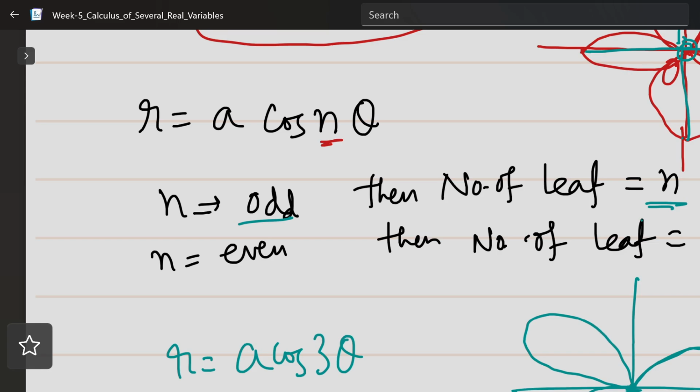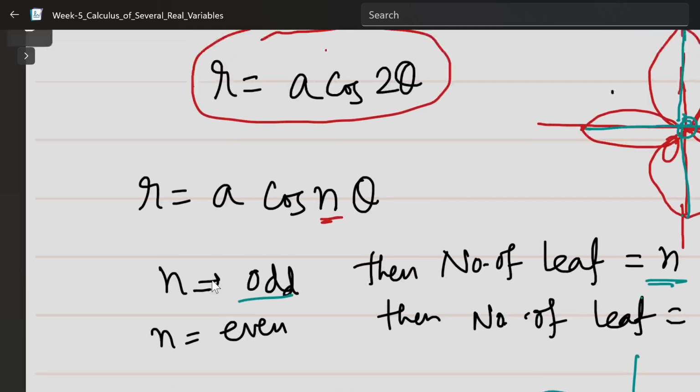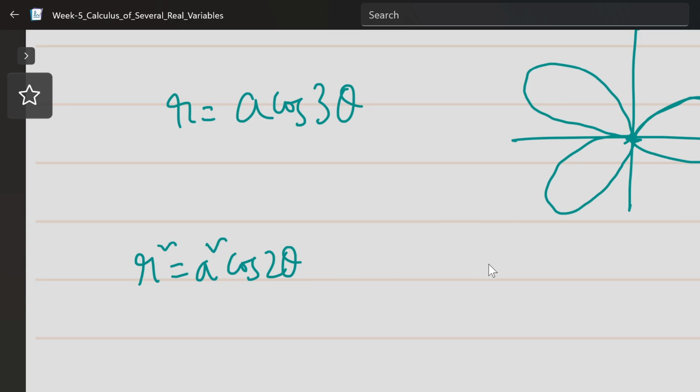Similarly, r square equal to a square cos 2 theta. This is not the same. I am not squaring the first one. These two are different. R square equal to a square cos 2 theta is also the same since 2 is even. But in this case, a square cos n theta, if n is even, then the number of leaves is n only, not 2n.